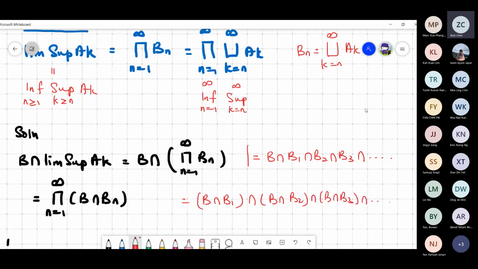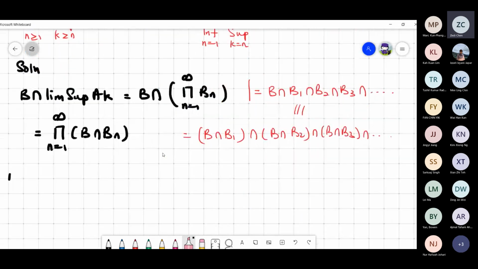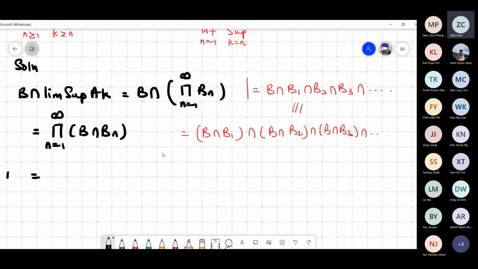You can see these two are the same. Next, what is your Bn? You refer to our construction or definition of Bn. So this one can be written as this.